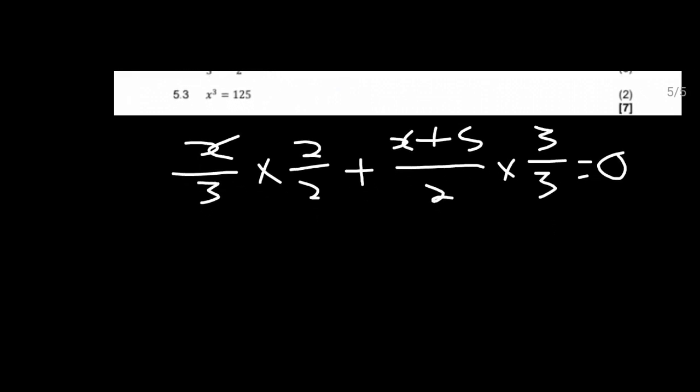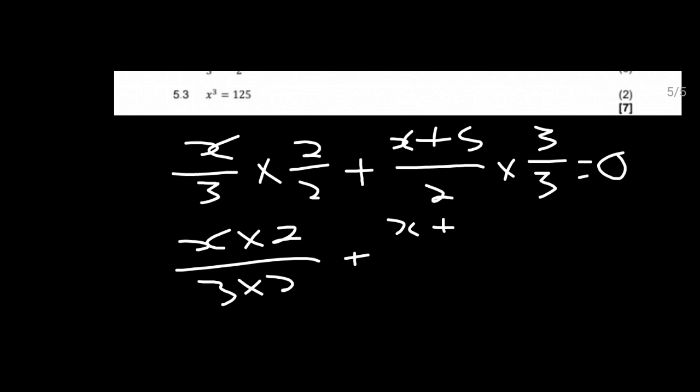Okay, and then let's solve. We go x multiplied by 2 over 3 multiplied by 2, plus x plus 5.